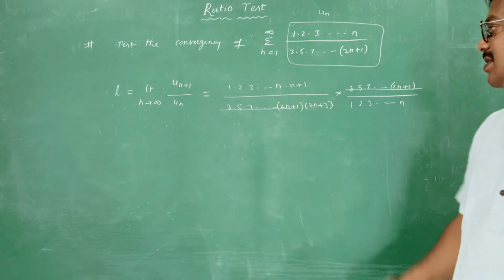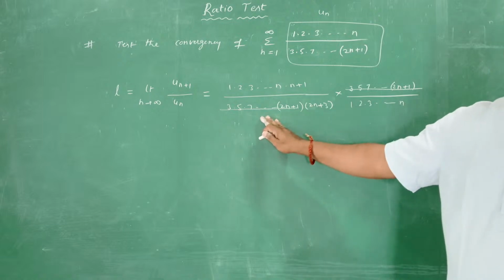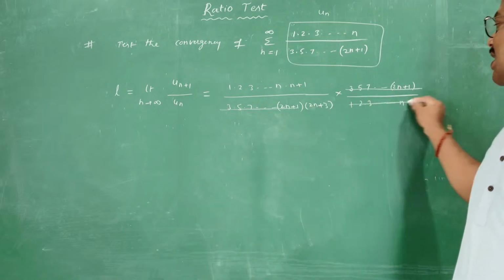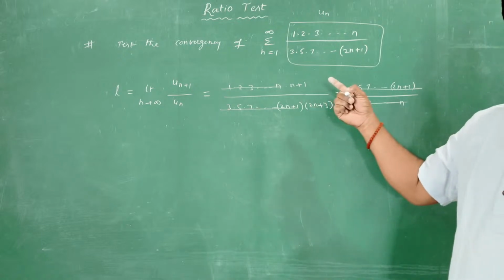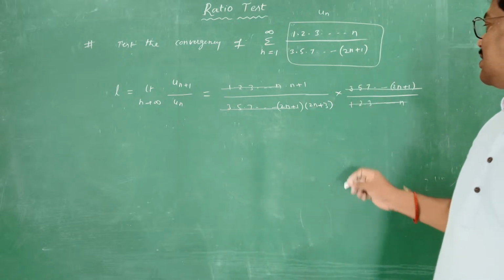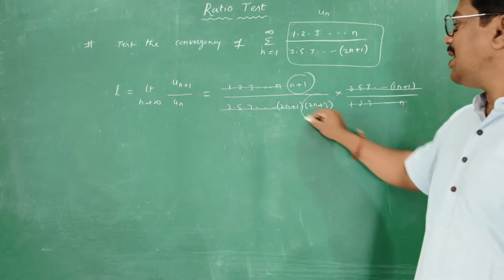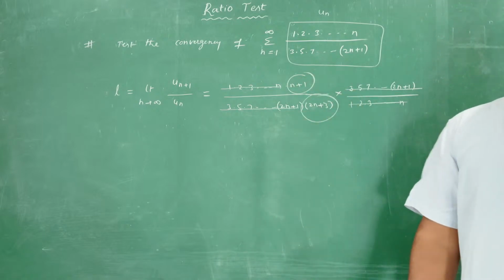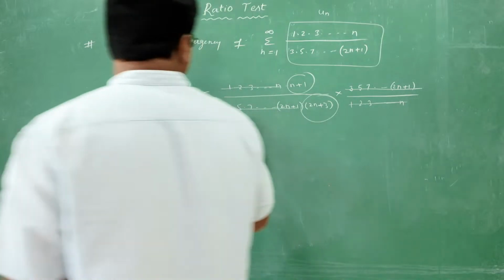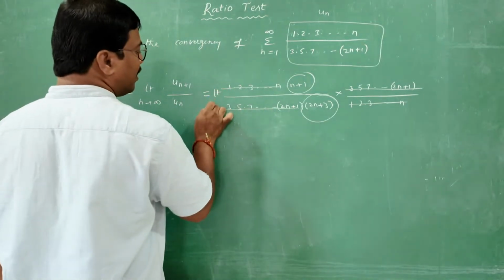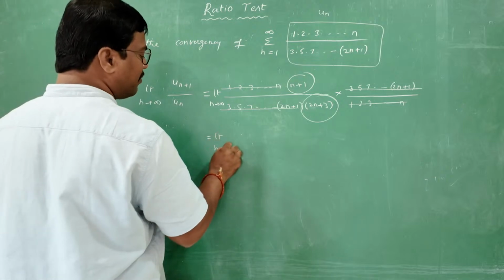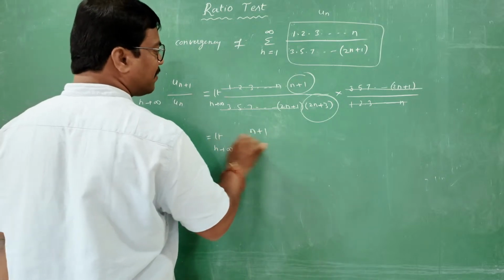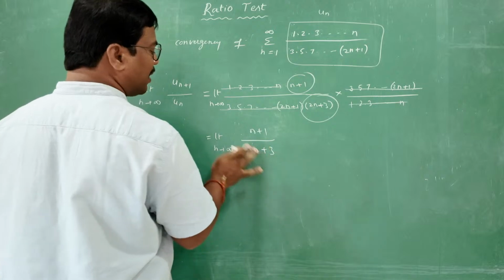Sequence of terms up to 2n plus 1 I am going to cancel. Next, here 1 to n and here 1 to n, product of terms, sequence of terms I am going to neglect. Then what remains? Only n plus 1 divided by 2n plus 3. And here you have to apply limit n tends to infinite. Okay. Now limit n tends to infinite, n plus 1 divided by 2n plus 3 you have.